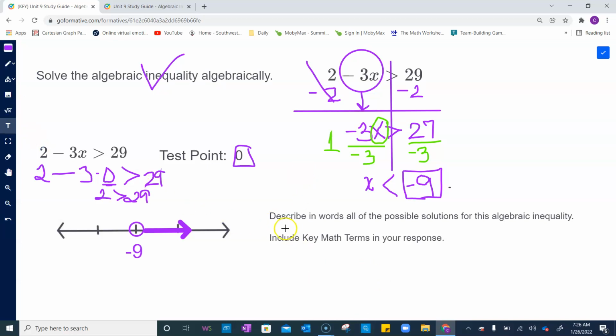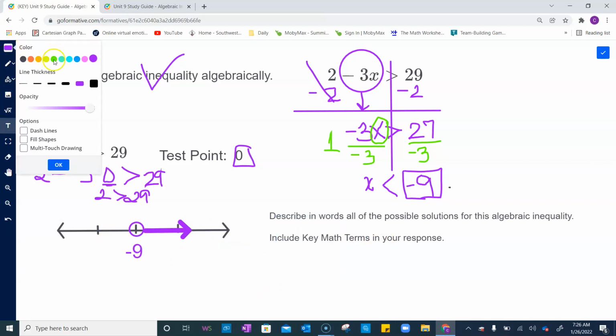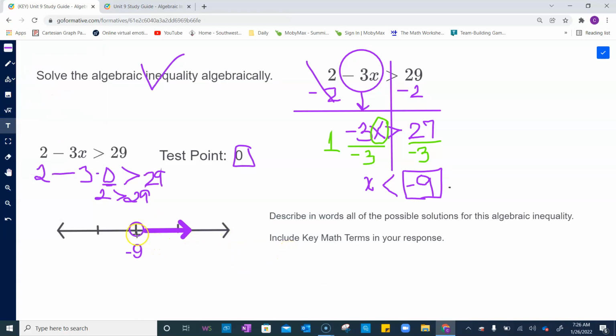Okay, now the next problem said describe in words all possible solutions for this algebraic inequality. Include key math terms in your response. So we're going to translate what this picture reads into words. And there are a lot of different ways you can translate this. It's showing that negative 9 is the smallest number you can get, but it can't be negative 9. I'll try to use a complete sentence here.